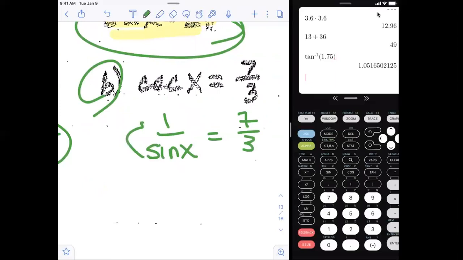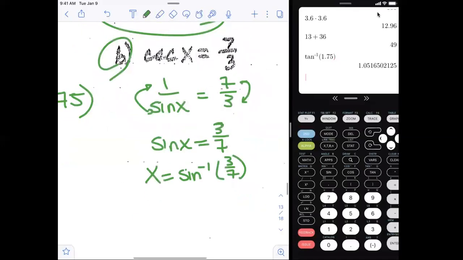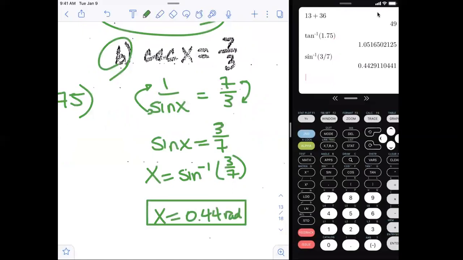So I'm going to flip my fractions, flip my 1 over sine, flip my 7/3. So sine of X equals 3/7. And now I can do my inverse sine, sine to the -1 of 3/7. Second sine 3 divided by 7. X equals 0.44. And again, you can write radians at the end if that makes you happy.